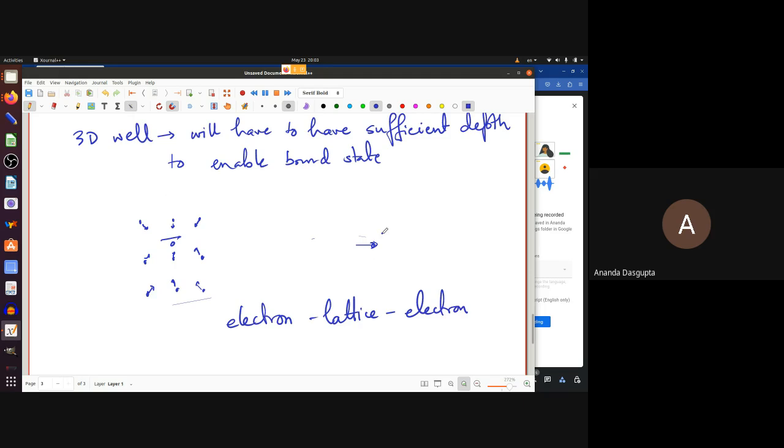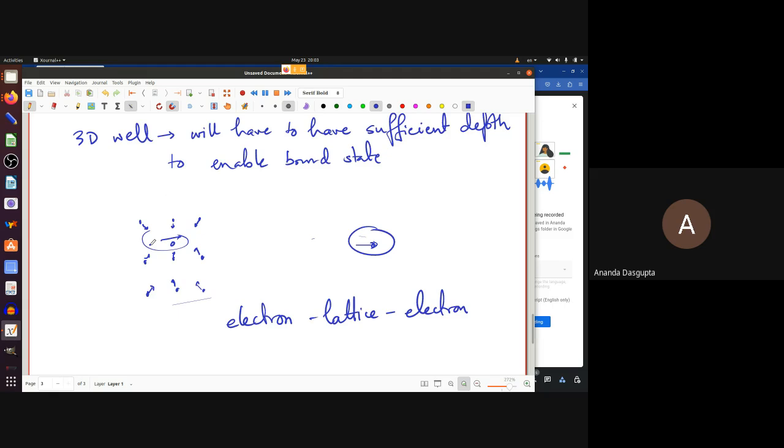It's essentially this electron which is causing the energy of the other electron to be lowered, but via the interaction with the lattice. This electron-lattice interaction, or effective electron-phonon interaction because of the lattice vibrations, causes the lowering of the energy. So it's not two electrons directly interacting with each other. Direct interaction would only have raised the energy.